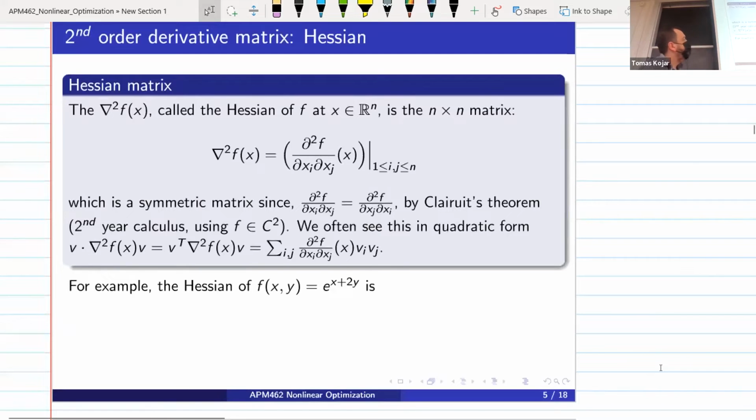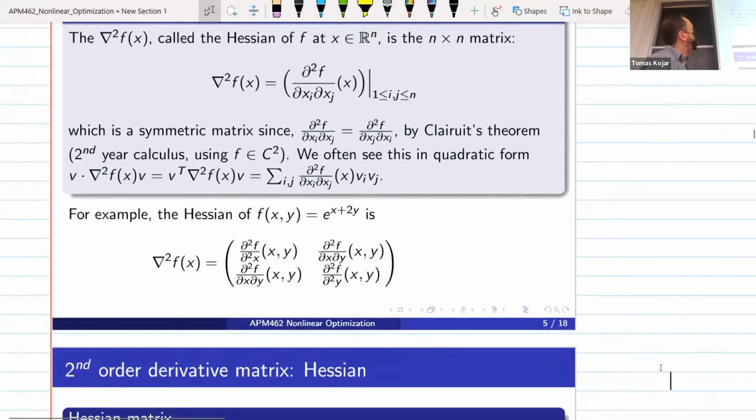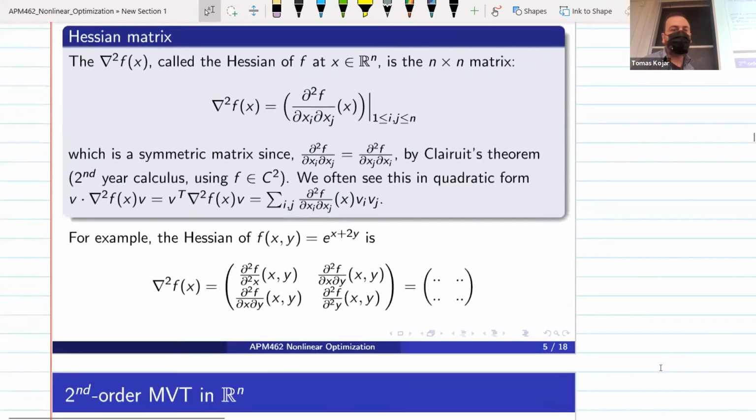Okay, let me compute this Hessian. Questions? All right. So this is your matrix, and hopefully it's empty, right? Okay, good. Can someone tell me what's the first entry? The 1, 1. Yeah. Let me ask someone else.